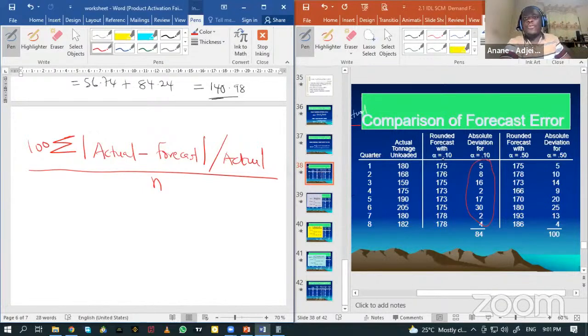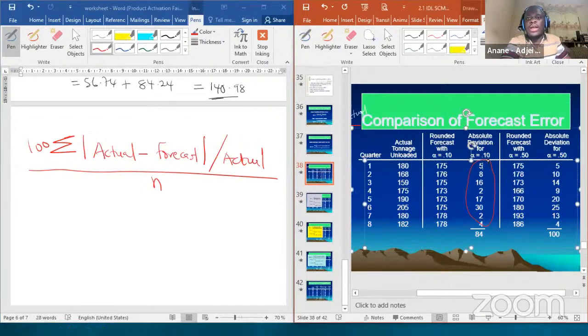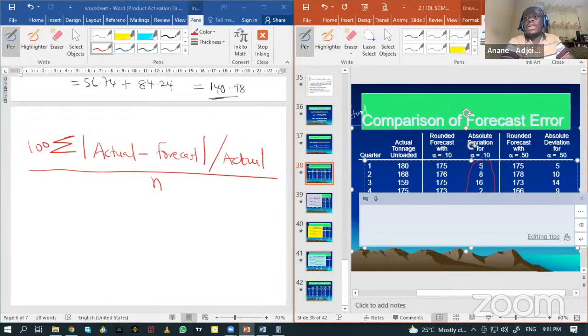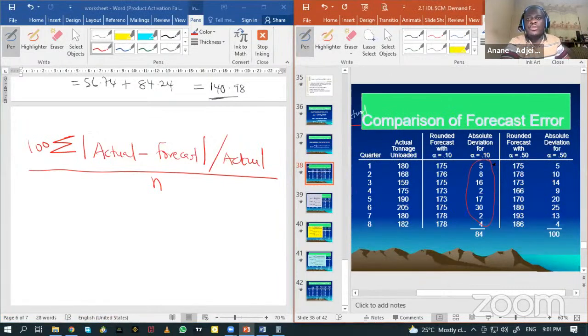So don't forget that we have already calculated our absolute figures here.